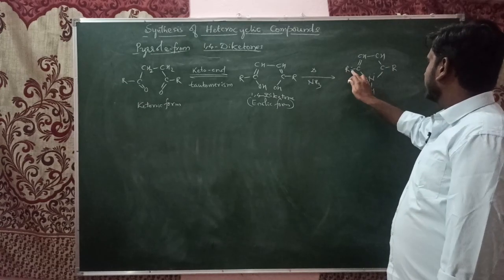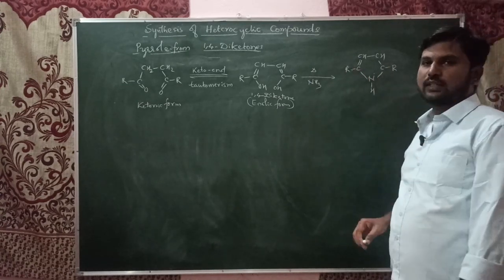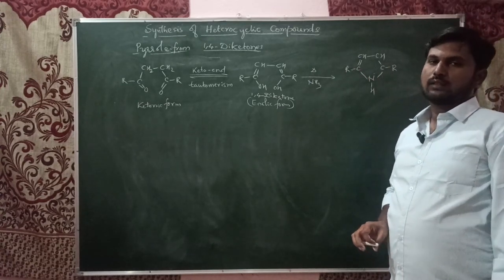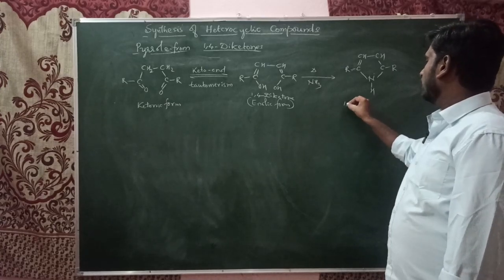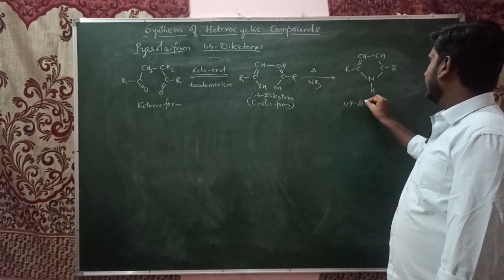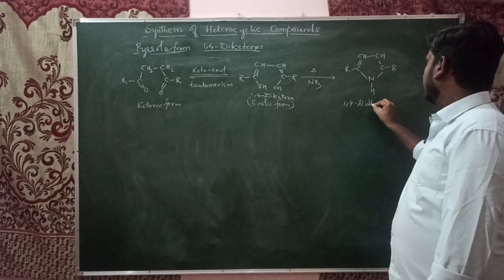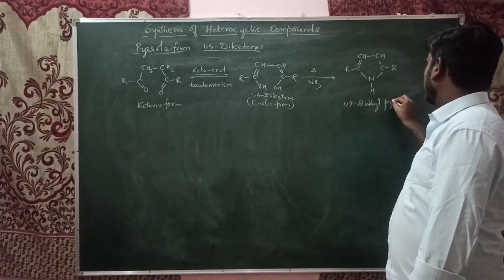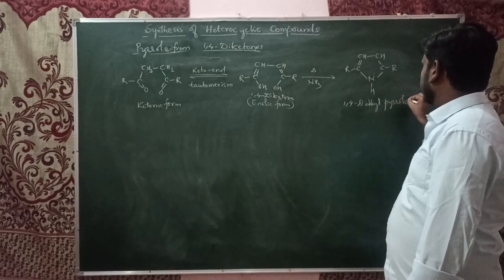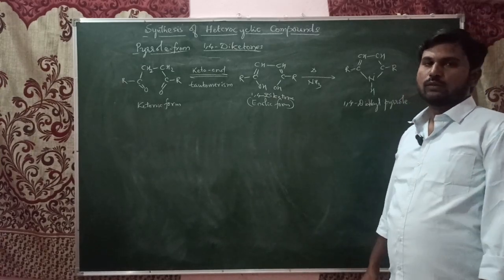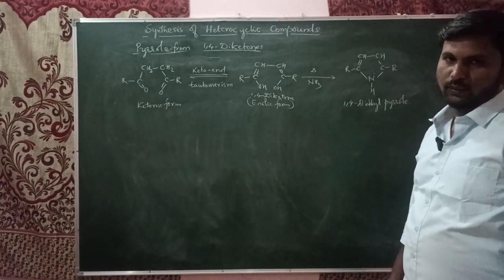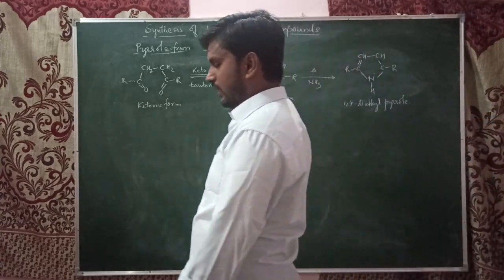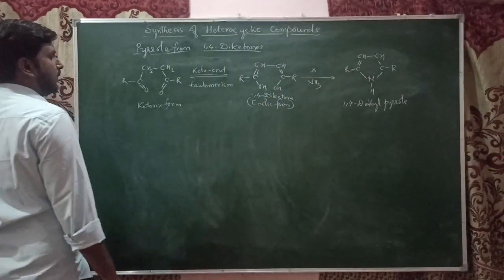As usual, at the first and fourth positions we have alkyl groups. So it is a 1,4-dialkyl pyrrole.